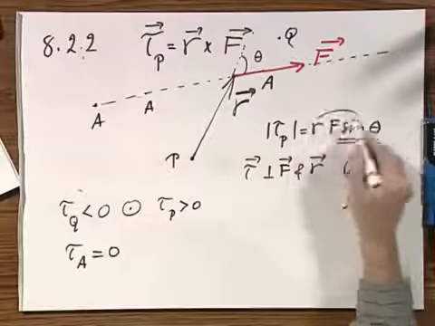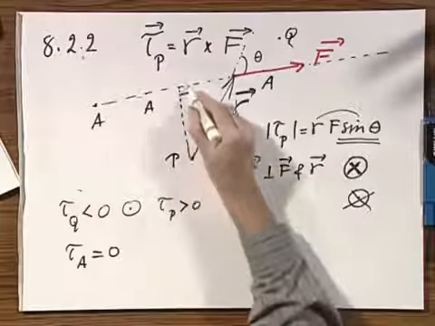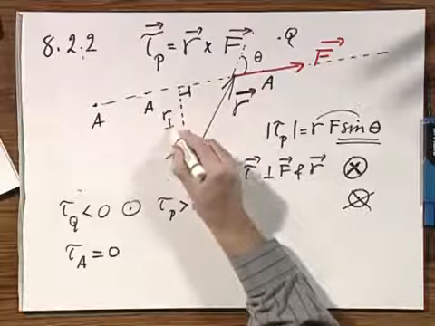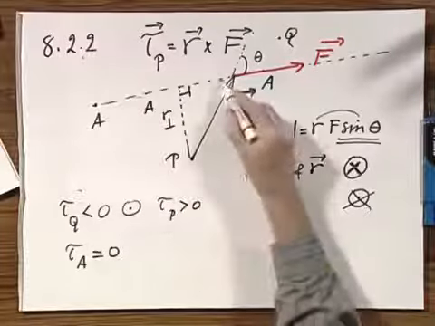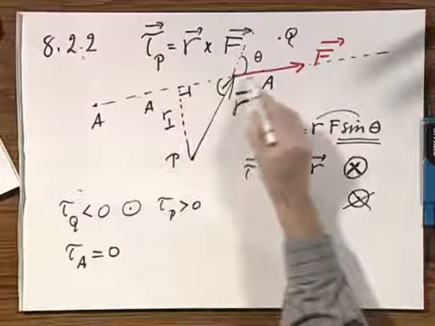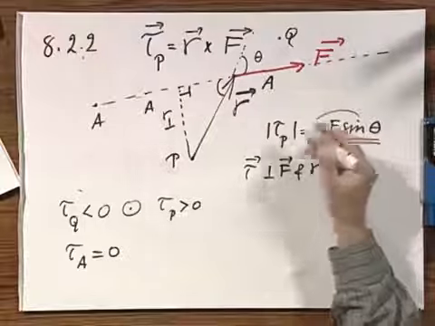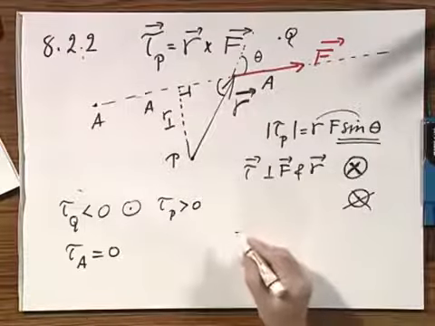Because r sine theta, that is this distance, I call it often r perpendicular. And you should immediately convince yourself that this is r sine theta. And so for all these points A on this line, r sine theta equals 0, and so the torque is 0.